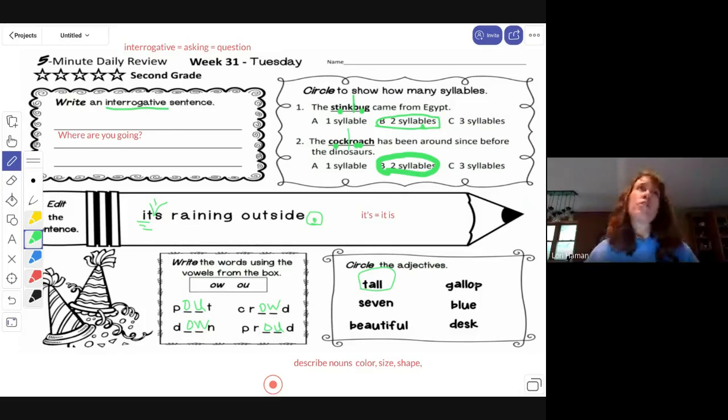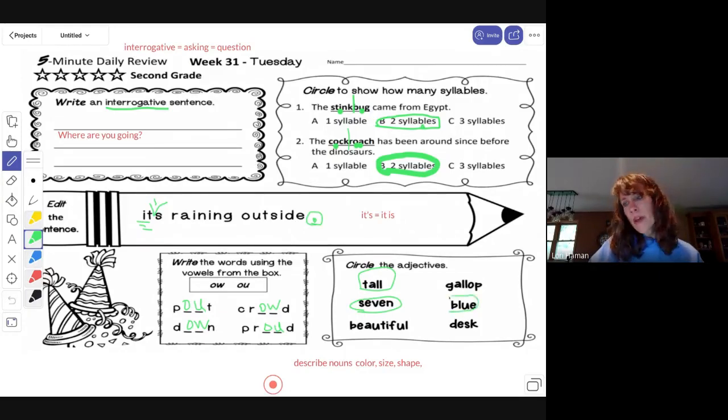Gallop, would that describe a person, place, or thing? No, that's an action, like I can gallop. 7, can 7 describe a person, place, or thing? Yeah, it can, because I said that adjectives can be numbers. They can tell how many. Can blue be an adjective? Yep.